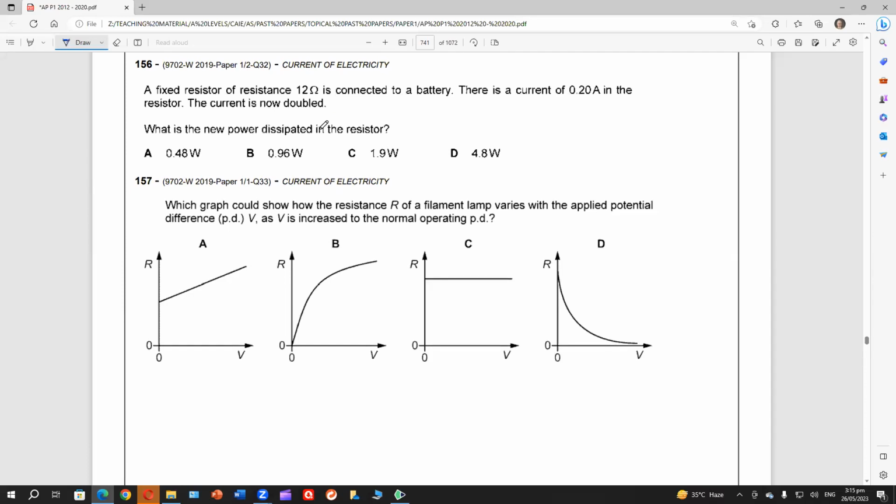For a filament lamp, the rule is that as voltage increases, temperature increases and resistance increases.